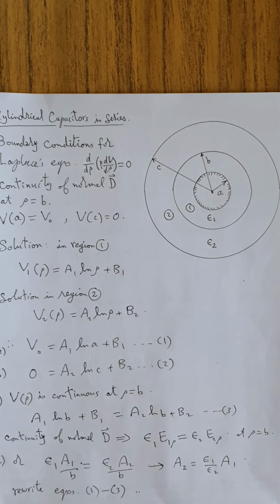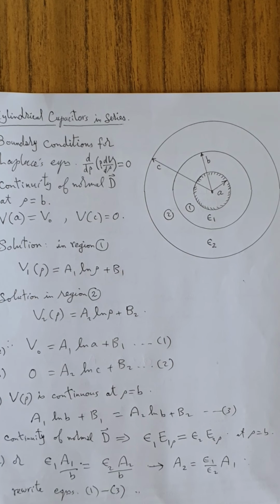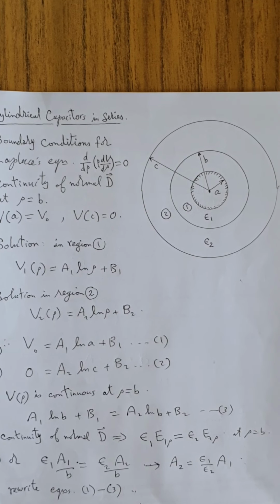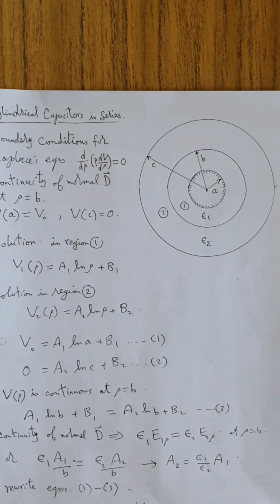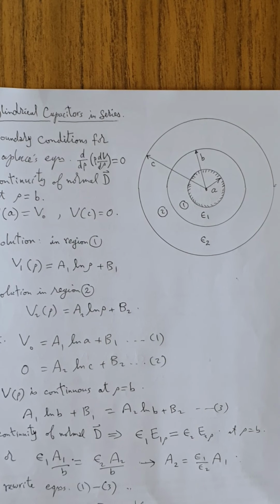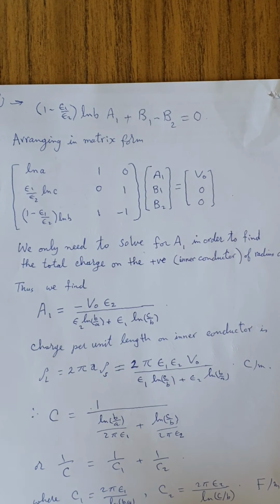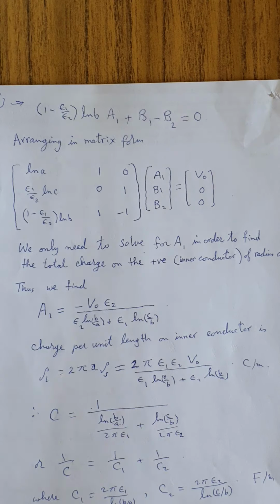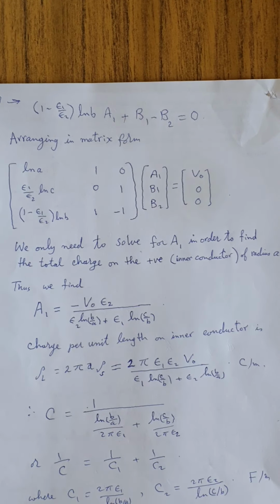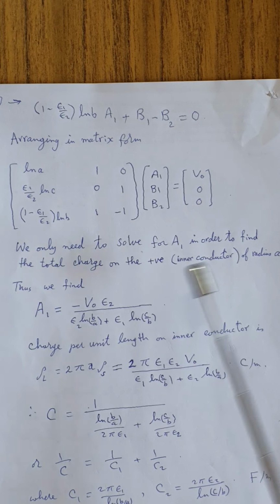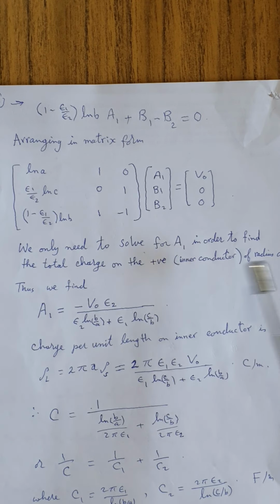We can rewrite these equations as follows. And then we can eliminate one of the unknowns, A2, and then we have a system of three equations which we can write in matrix form, and we can solve this by Cramer's rule.